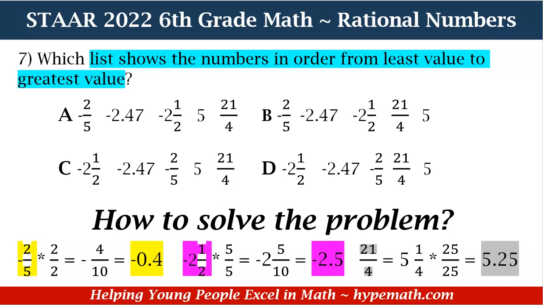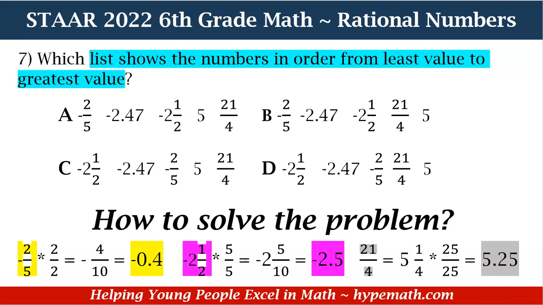We're going to ask ourselves, is there an equivalent fraction where if I multiply it, it will equal either 10, 100, or 1,000? And the answer is yes. If we multiply 4 times 25, that will equal 100. So we're going to multiply 25 by the top and the bottom.